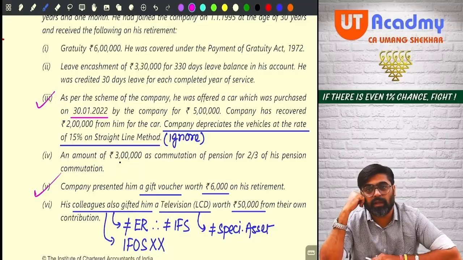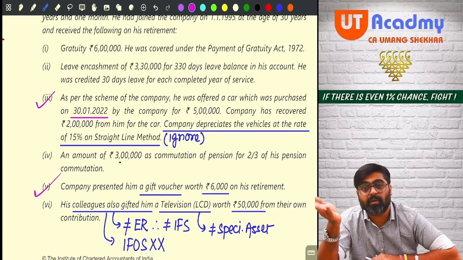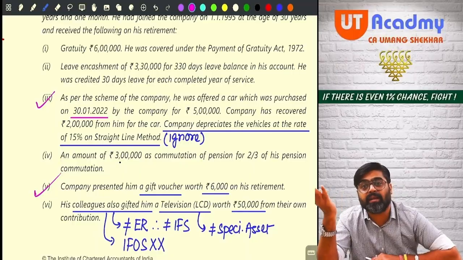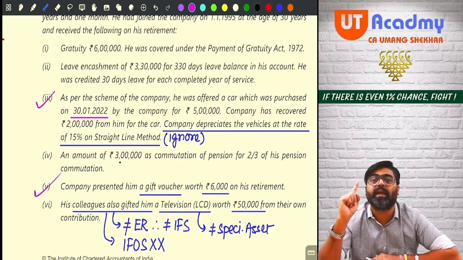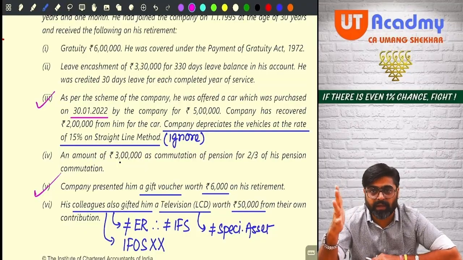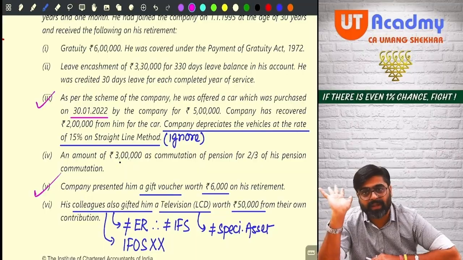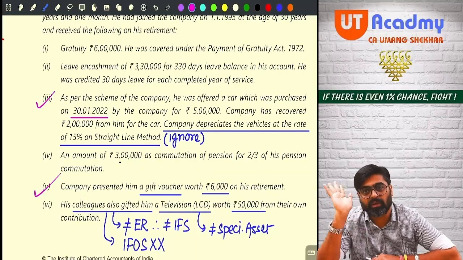It was 10,000 only. DA in terms also I will have to take, DA not in terms also I have to take, because the employee is covered by POGA. So if the employee is covered by POGA, I take basic and DA both. Whether that DA is in terms or not will not make any difference. So DA was 10,000 and basic was 20,000. So 20 plus 10 will give you 30,000. Last drawn salary you got.